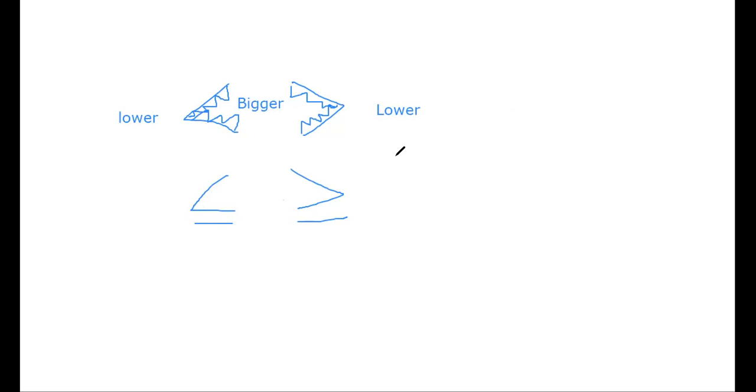So we would say less than or equal to for the one on the left, greater than or equal to on the right. And they graph differently. And this is a big deal.